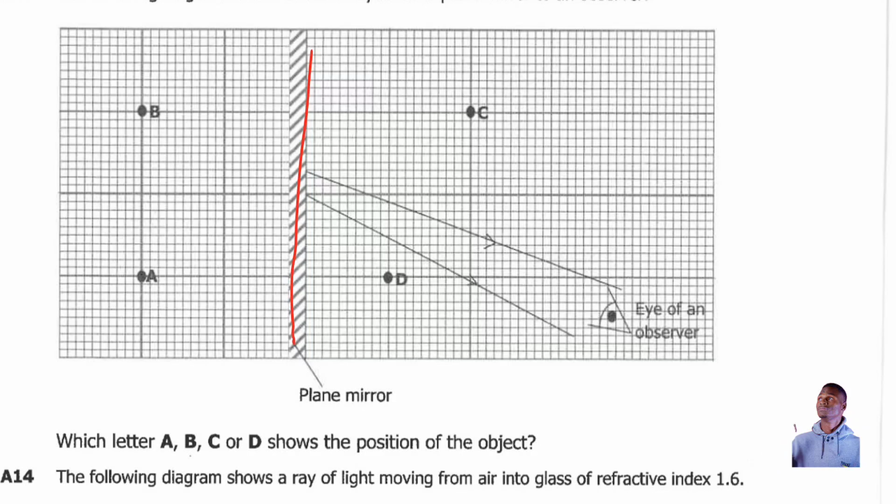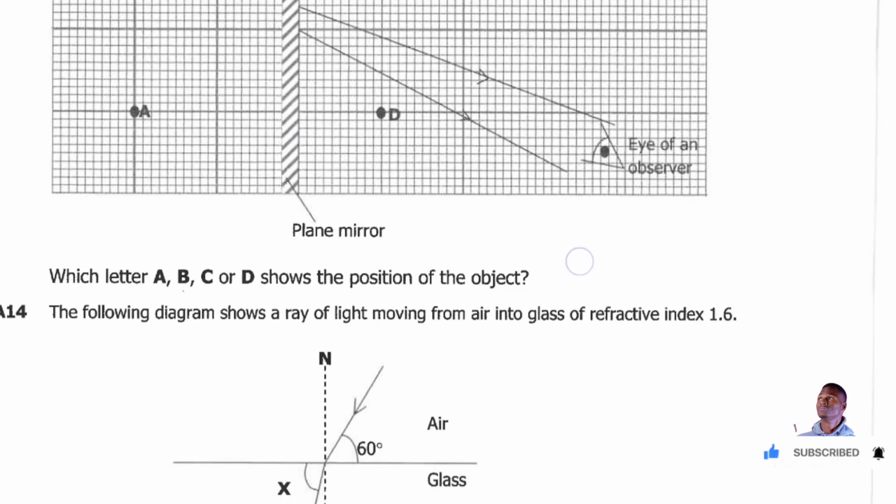Which letter, A, B, C, or D, shows the position of the object? This is the observer, so the ray is supposed to reflect at an angle, like this. So this is where the object is, this side. So C is the best answer here. Let's go to 14.